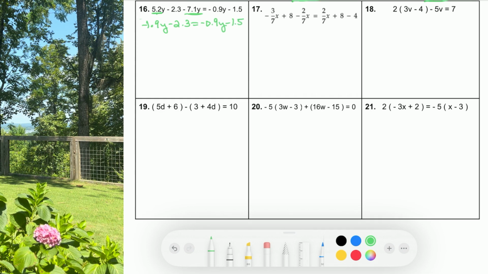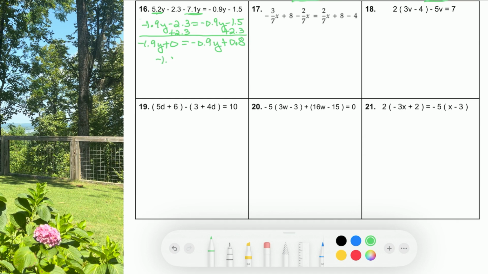Now I'm going to add 2.3 to both sides. We'll get negative 1.9y plus 0 equals negative 0.9y plus 0.8. Rewrite this.